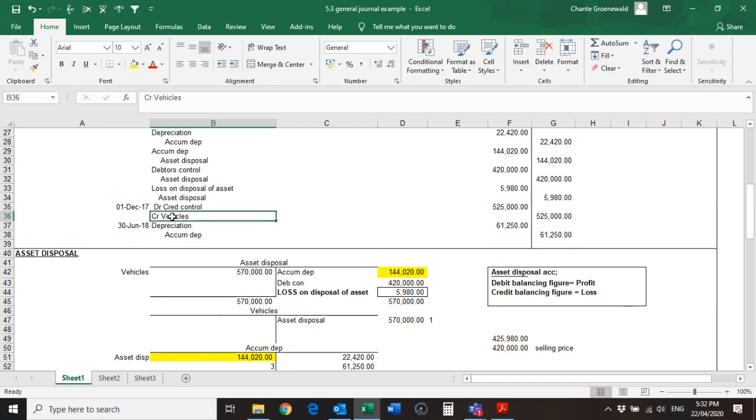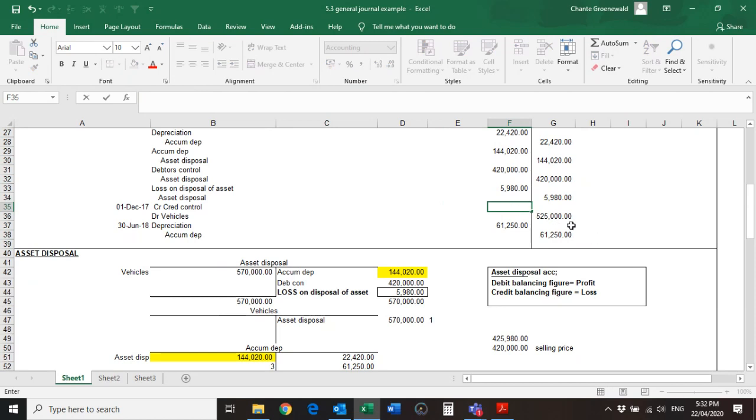Vehicles, this is the other way around. I went too fast. Can you see that I made my own mistake, guys? Why did I do that? Confuse you? No, I confused myself.